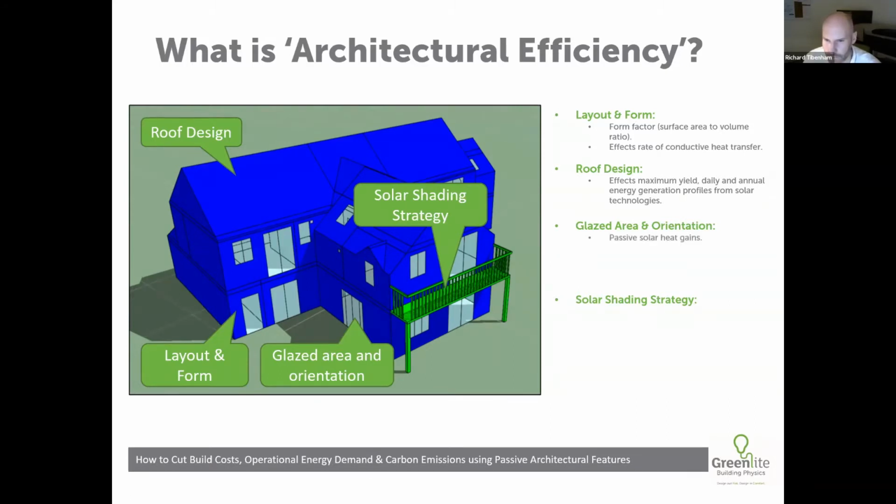Glazing can affect a lot of things. It can affect the solar heat gains, conductive heat loss via the glazing, which is significantly higher than a section of opaque wall, daylight availability, and the risk of solar heat gain related overheating risks. In terms of solar shading, that can affect the overheating risk also, and daylight availability.